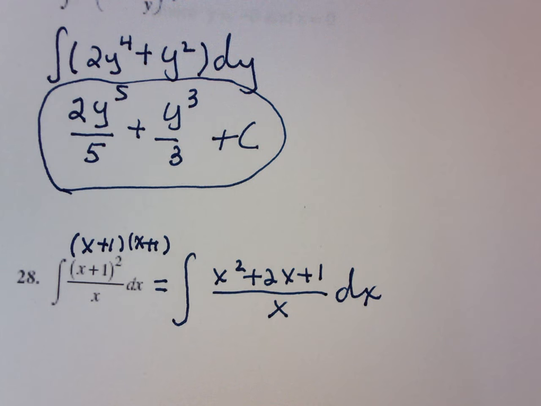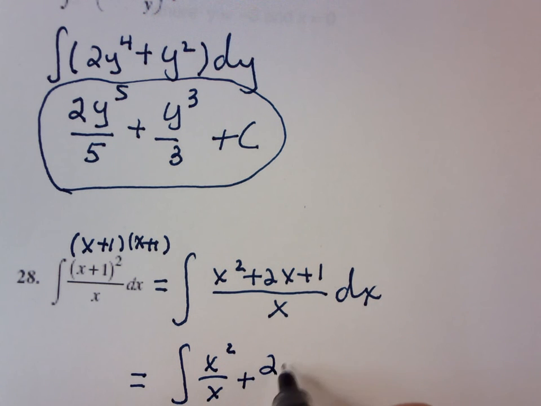Well, it still doesn't look like something I can do. But what can I do? It says it's not a basics. So then it says, can I do more algebra on it? What can I do? Yeah, use monomial division. So this becomes the integral of x squared over x plus 2x over x plus 1 over x.